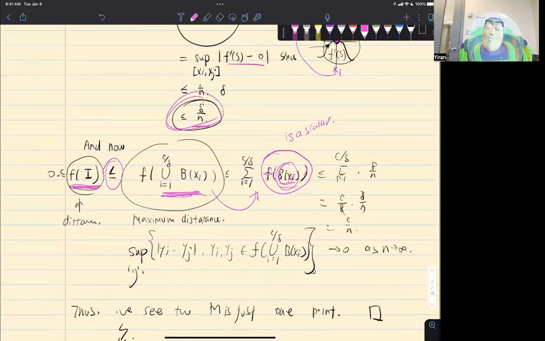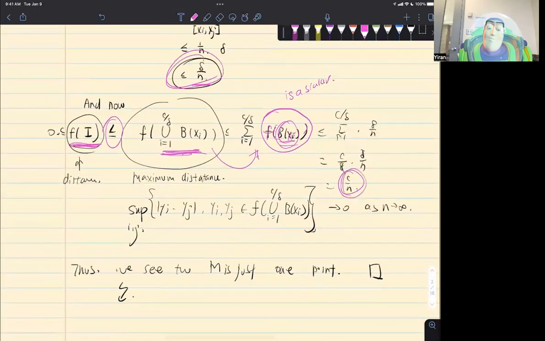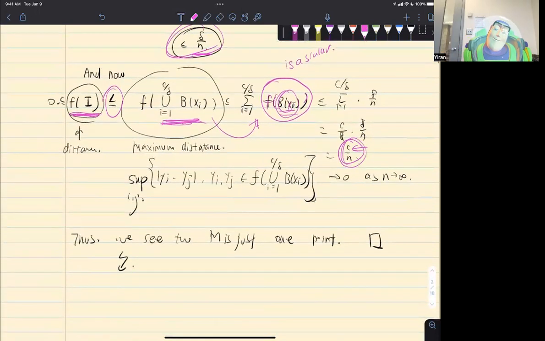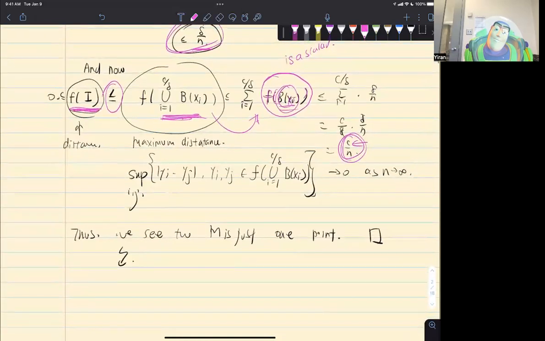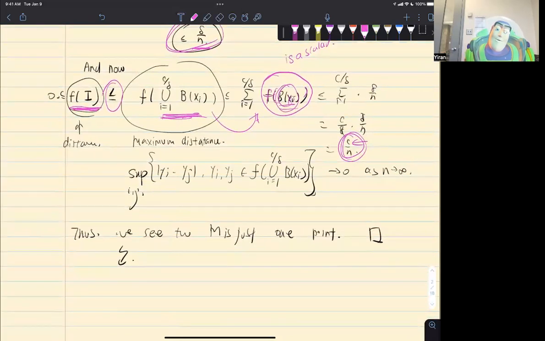Okay, so do some algebra. At the end, we get that f of I is smaller or equal than c over n. And notice that the c does not depend on n. It's actually like a constant. And if you remember, the c represents the length of the interval I. So we have 0, we have this, it's larger than 0, smaller than this.